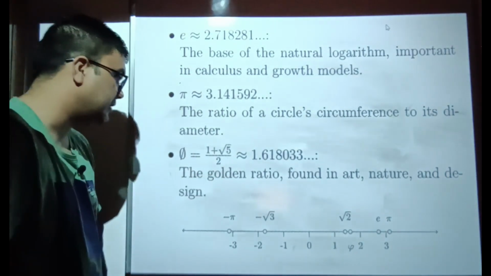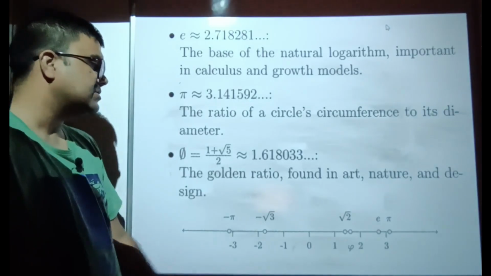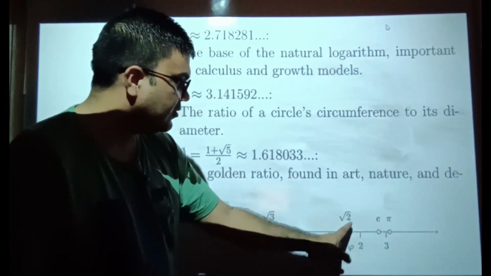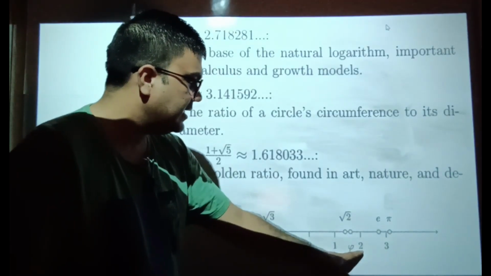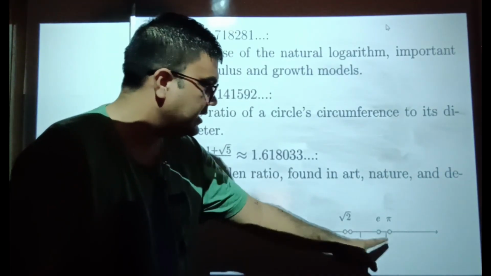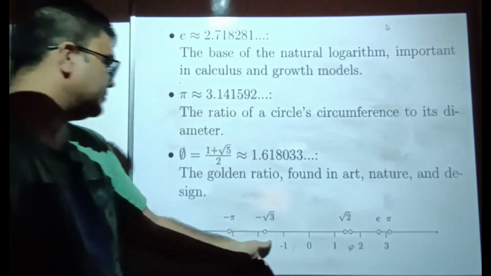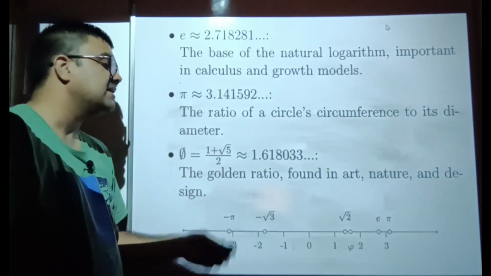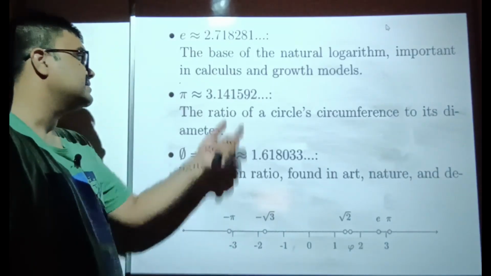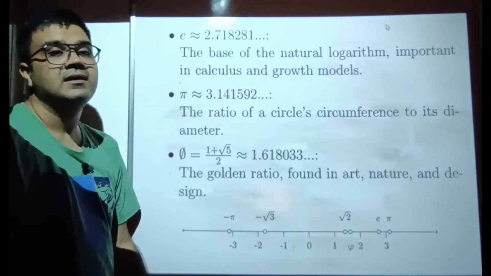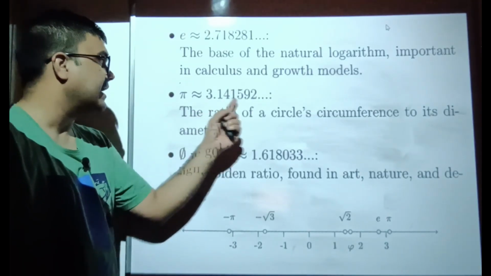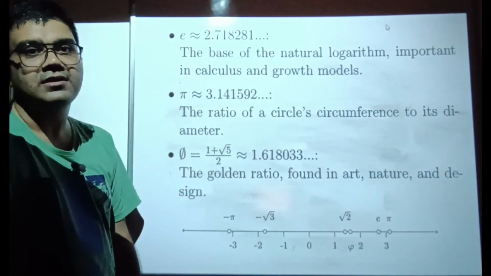If we represent these numbers on the number line, this is the point 0, then 1, then root 2 somewhere over here, then the golden ratio, this is 2, e, 3, pi, and similarly these are the negatives of these numbers. So these are certain irrational numbers, that is, numbers that have a decimal representation that is neither terminating nor repeating.